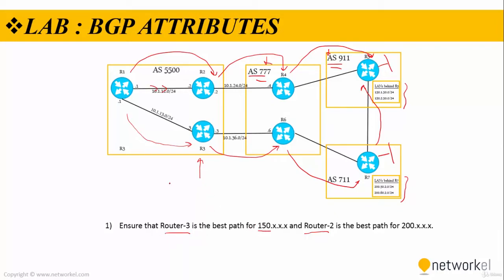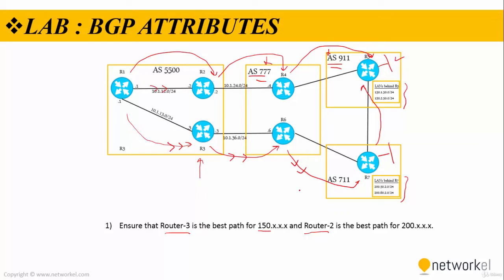So I'm going to configure something on router 3 to ensure that if I want to reach this network in here, I follow the path through router 3 this time.